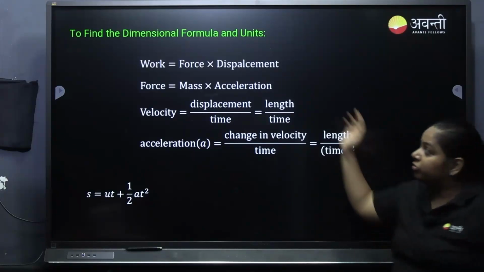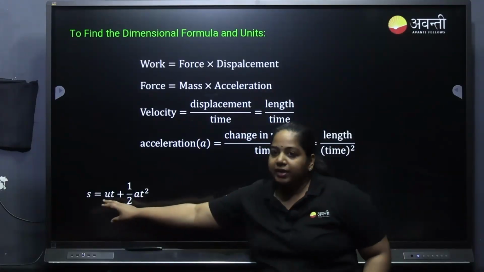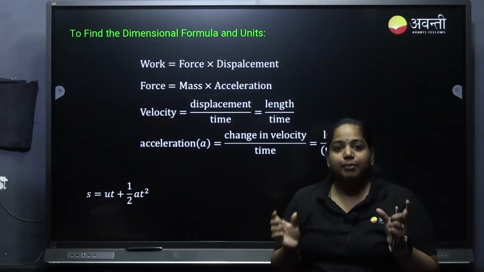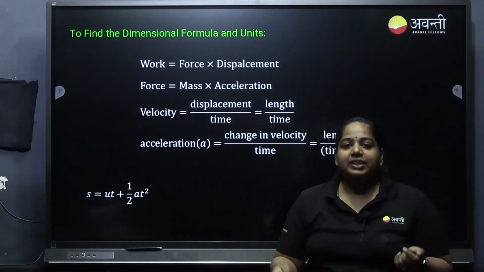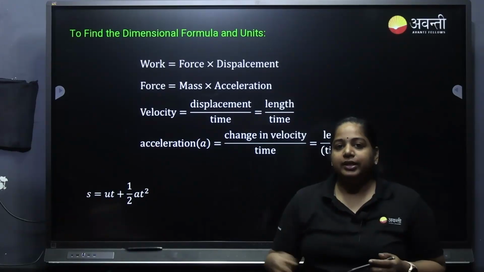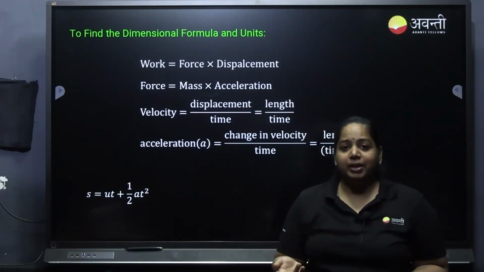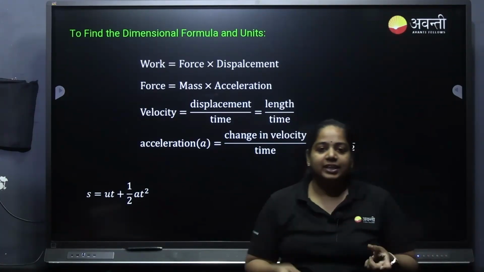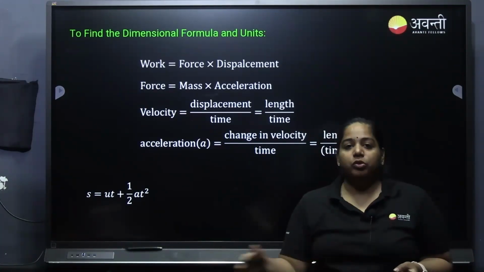Now another use of the dimensional formula is that when we are adding two quantities, those quantities should have the same dimensional formula. If I say 5 kg plus 10 centimeter, does it have any meaning? I can add 5 plus 10, that is 15, but 5 kg plus 10 centimeter won't have any meaning.